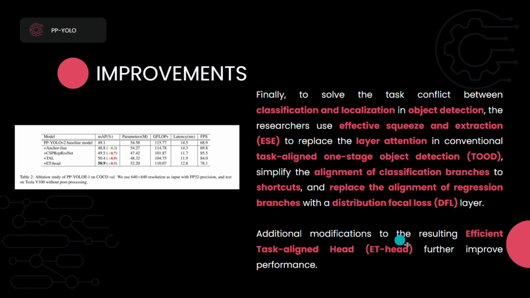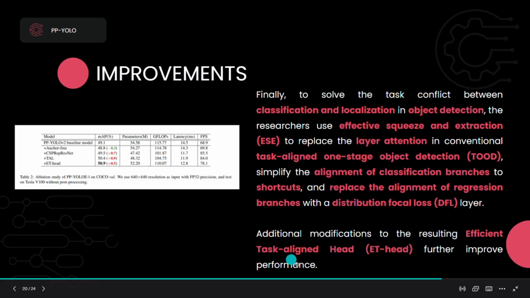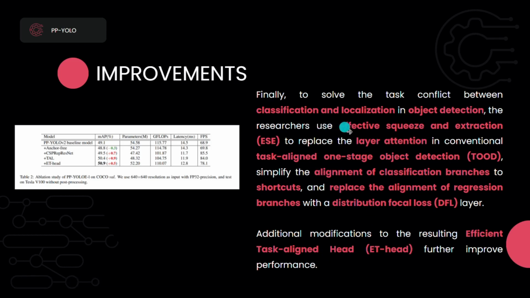Additional modifications to the resulting efficient task-aligned head, ET head, further improve performance. So the ET head is just the efficient task-aligned head, and they implemented what is known as an effective squeeze and extraction to replace the layer attention model.